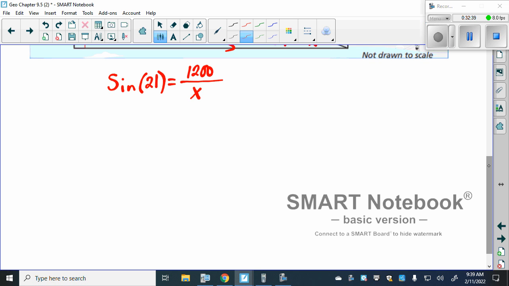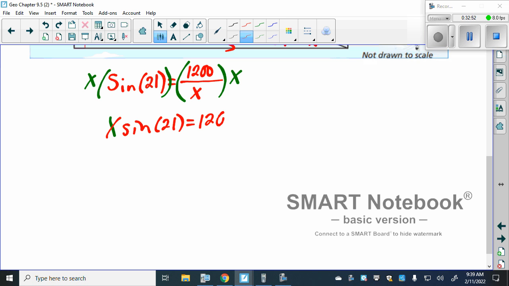Multiply both sides by x. Well, the variable's not by itself, so we need to divide both sides by sine of 21.